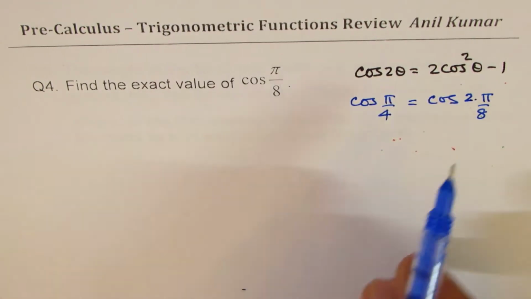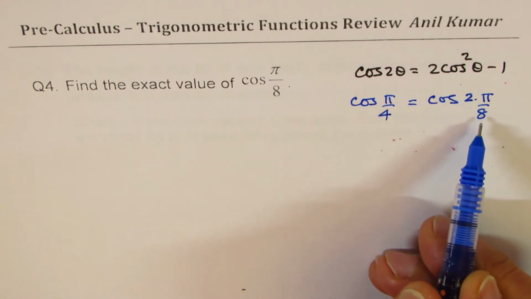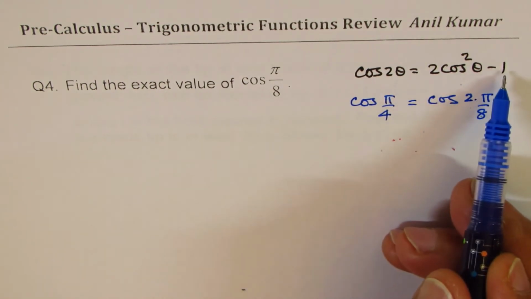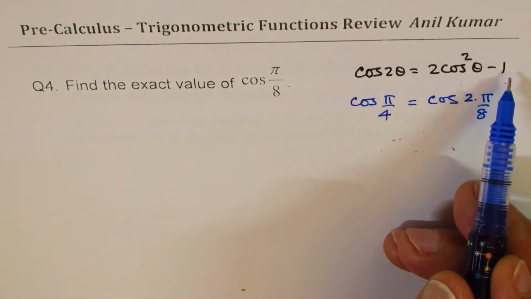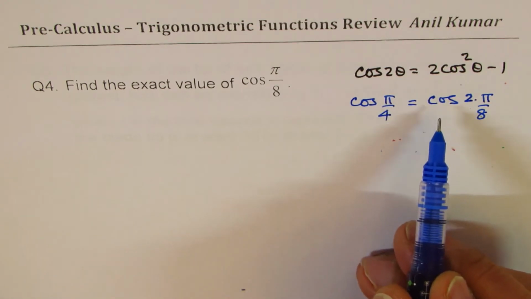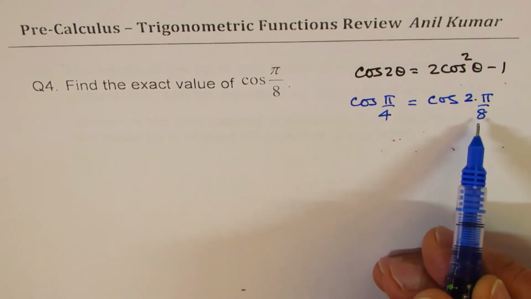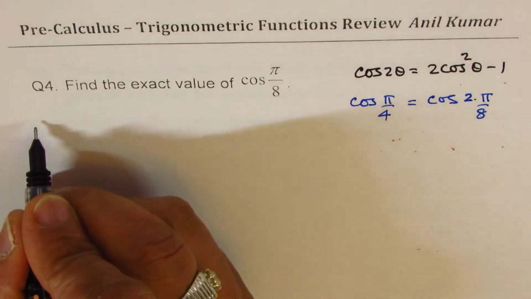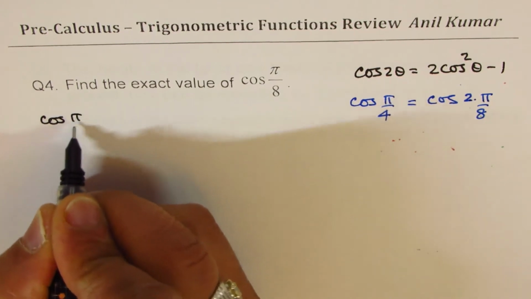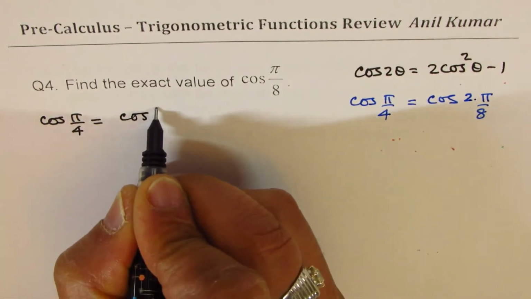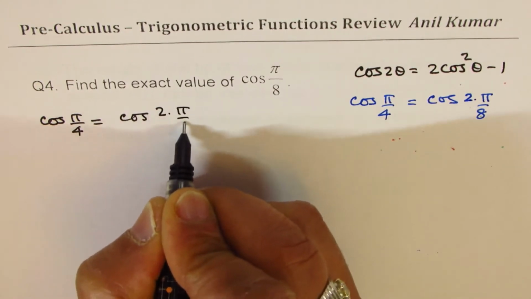Is that okay? So now we have this cos 2 theta, perfect, which we could use directly and find the answer, right? So cos pi by 4 is equal to cos 2 times pi by 8. So let's begin from here now. So we say cos pi by 4 is equal to cos of 2 times pi by 8.